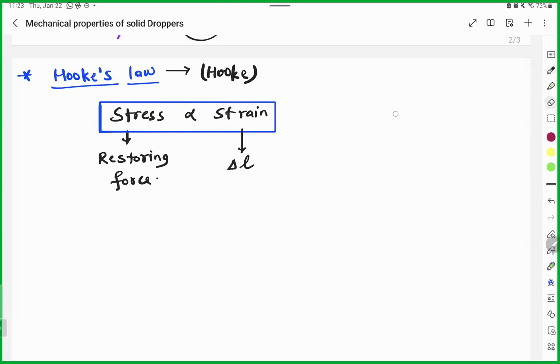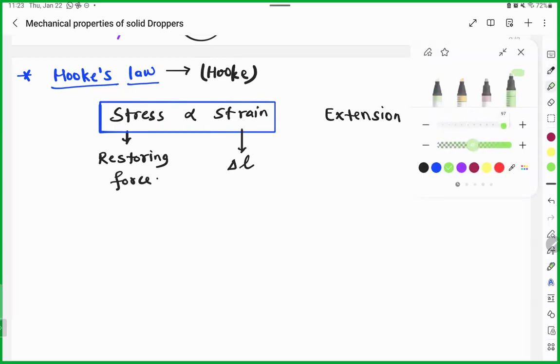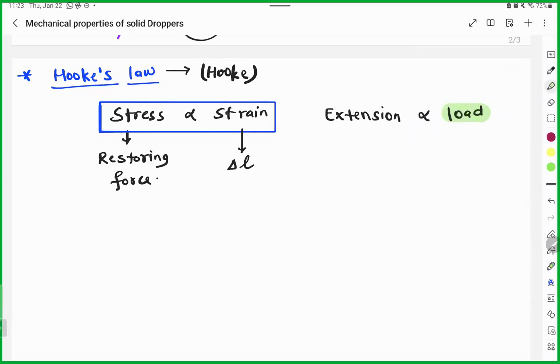Any doubt, guys? So stress is directly proportional to the strain. In this case, you can say extension, change in length, directly depends upon the load, more force. If you apply external force, load means external force. Extension means change in length.